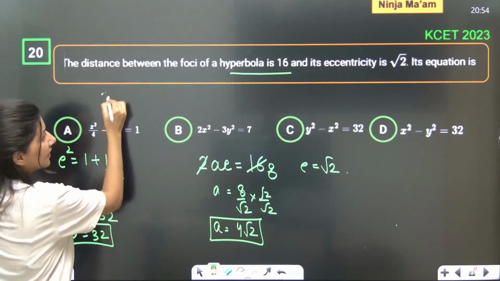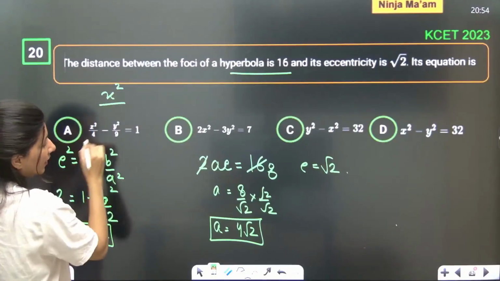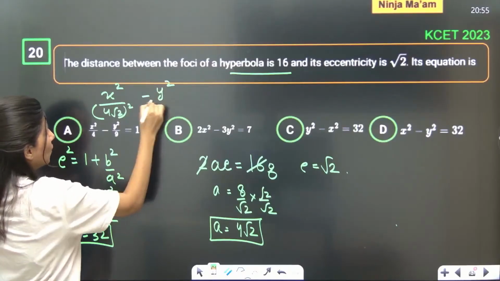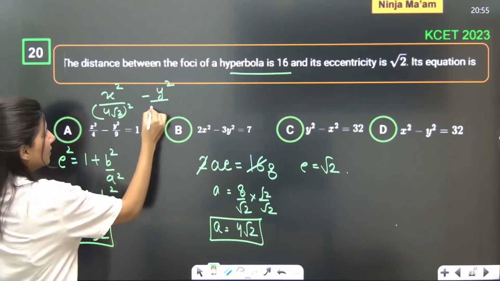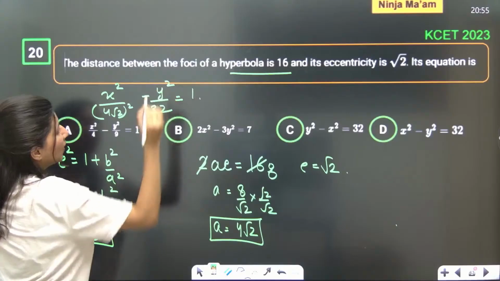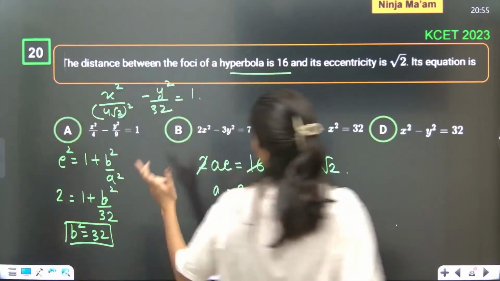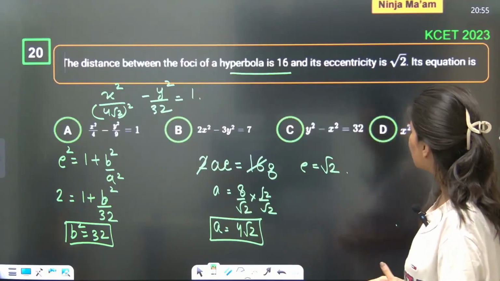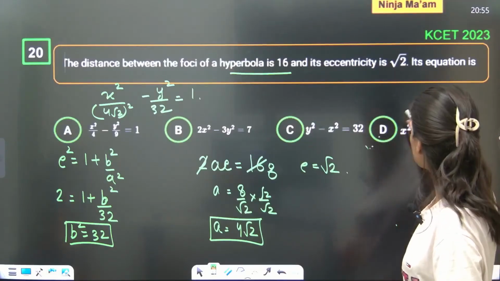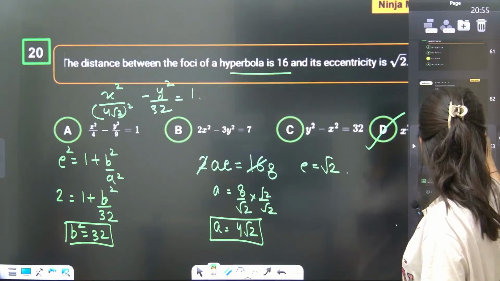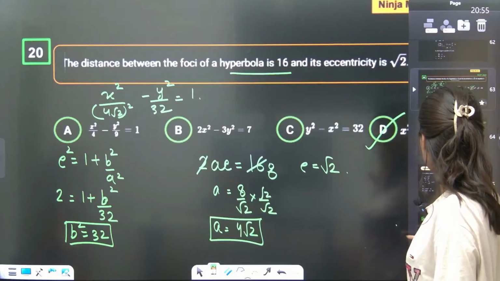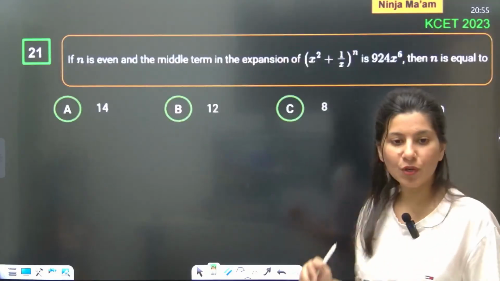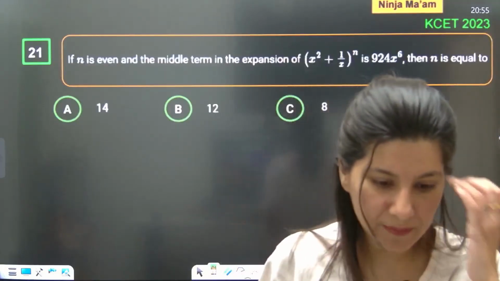So this is x square by (4 root 2) whole square minus y square upon 32 equals 1. 4 root 2 whole square is also 32, right? So x square minus y square equals 32, matching with option D, everybody. Getting it, understanding it? Shall we move on to the next problem, everybody?